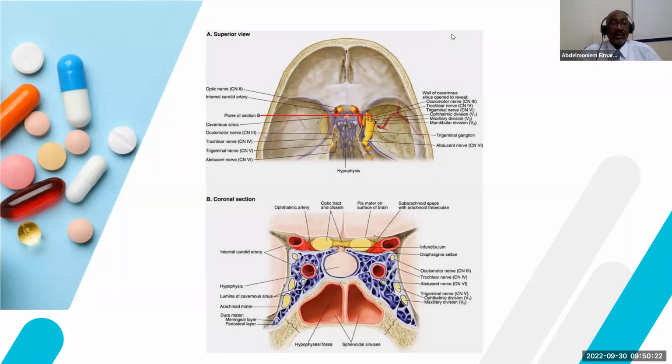But if you still need more details, we can reschedule another lecture about ventricles and CSF. But to me, when this outline is complemented with the practical session and the physiology lecture, the picture will be completed in synergy.